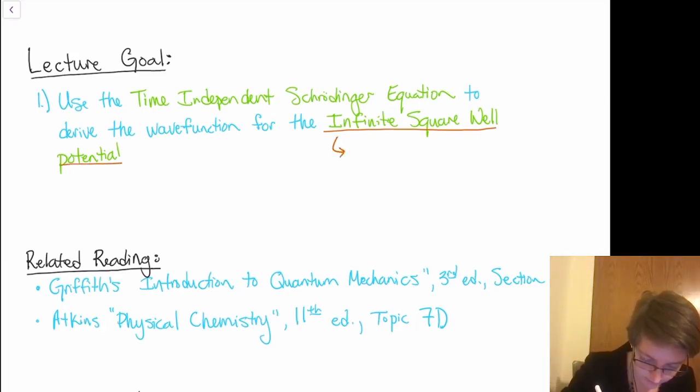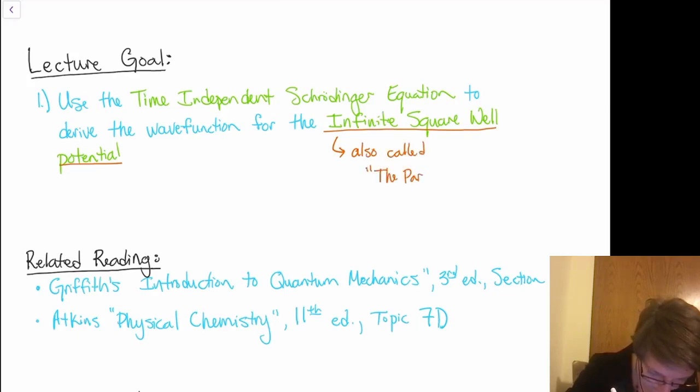And so don't be too surprised if you also see this referred to as either the particle on a line potential or sometimes the 1D particle in a box.